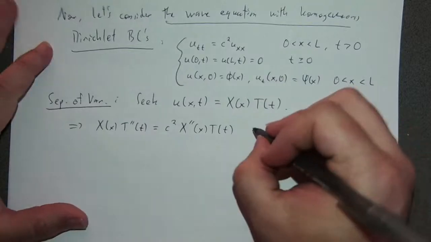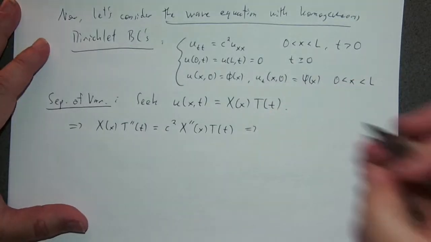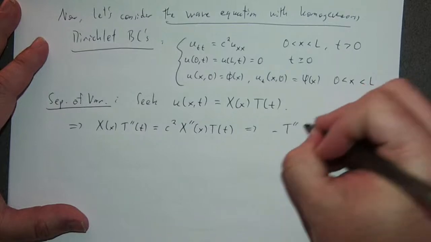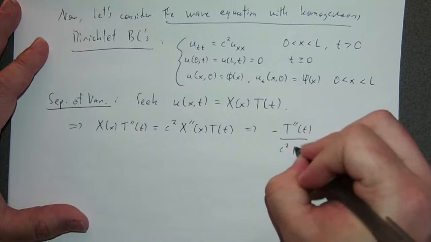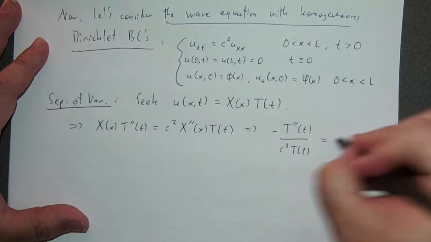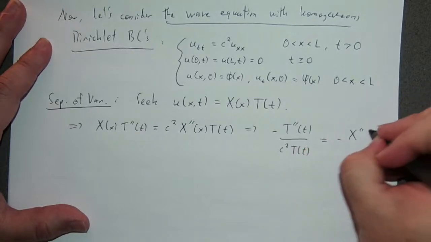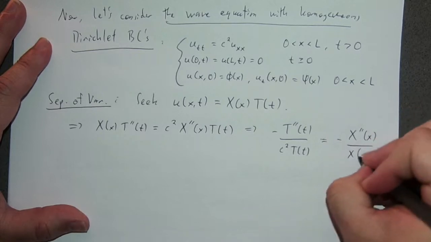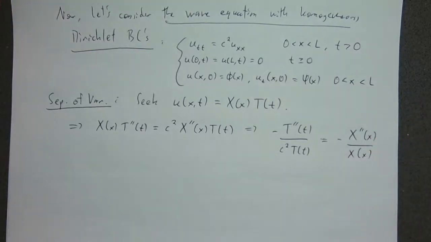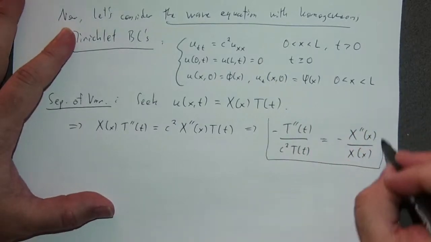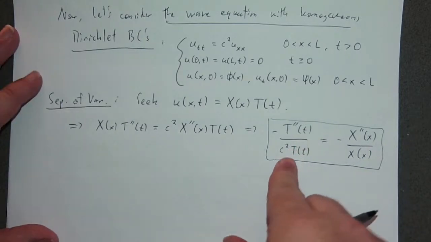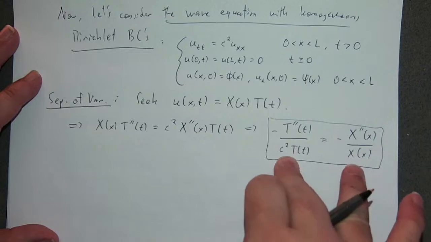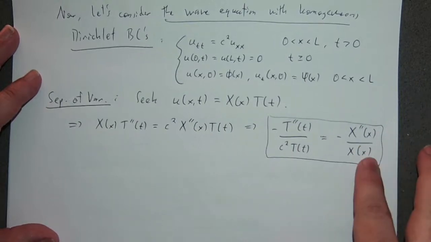And just as before, we rewrite this as minus T double prime of t over, I'm going to put the c squared on the T, so this is c squared T of t, is equal to minus X double prime of x over X of x. Okay. Just as before, we ask ourselves this question: what does this mean? I have a left-hand side that only depends on t. I have a right-hand side that only depends on x.